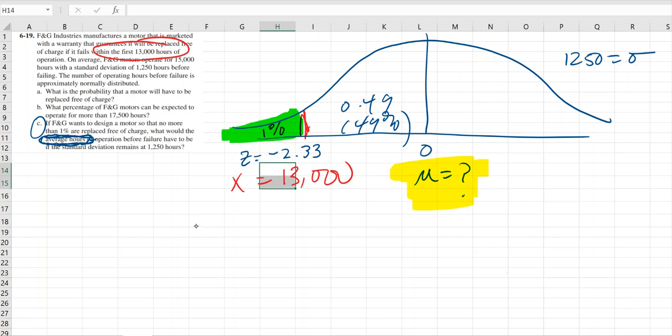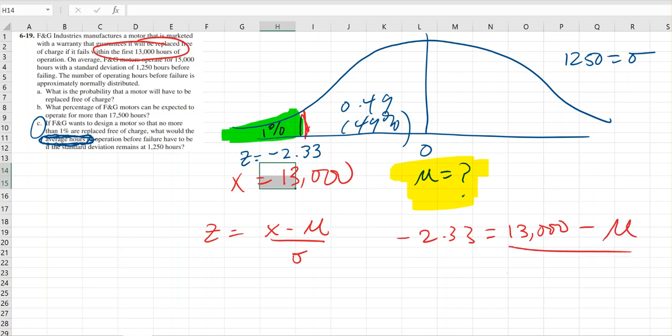So our formula is z equals x minus mu over sigma. So I know z, minus 2.33. I know x, it should be 13,000 because that's when you start replacing the motors. I don't know the average, what it should be. So divide that by 1250. I need to solve this, so I just cross multiply and solve. So it's going to be minus 2.33 times 1250, right?